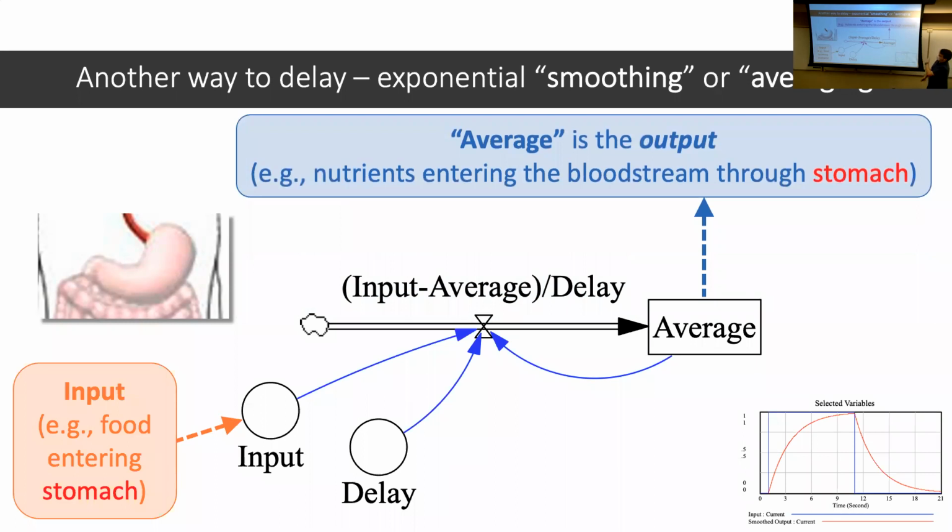And we call this an averaging delay because we can view the output as this sort of averaged version of the input. So the input is sort of instantaneous. And if we think of a time average, we can think of this as the average input over time.